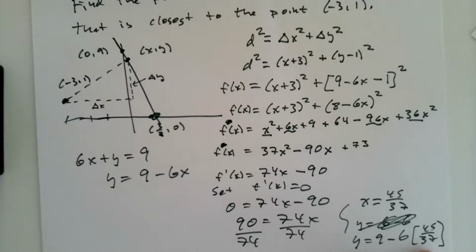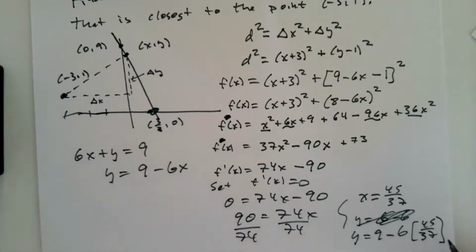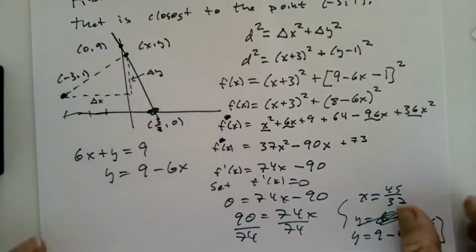So I'm going to have to check that on Desmos, I think, to get a good visual of what's happening there for our x value. 9 minus 6 times 45 over 74. There's my problem. No, 37. Okay. All right. Well, I will check that one for you, but I'd like to move on.